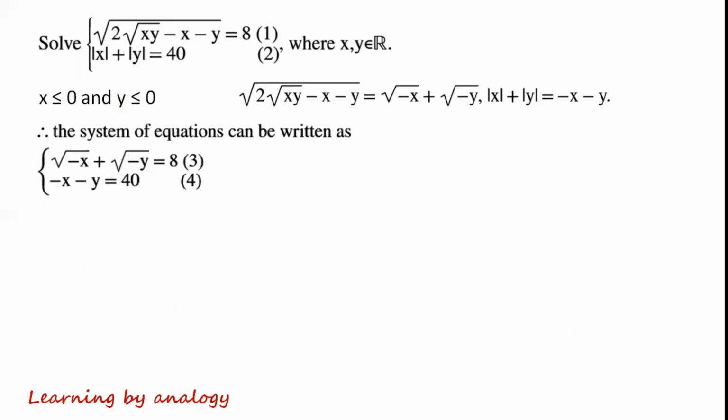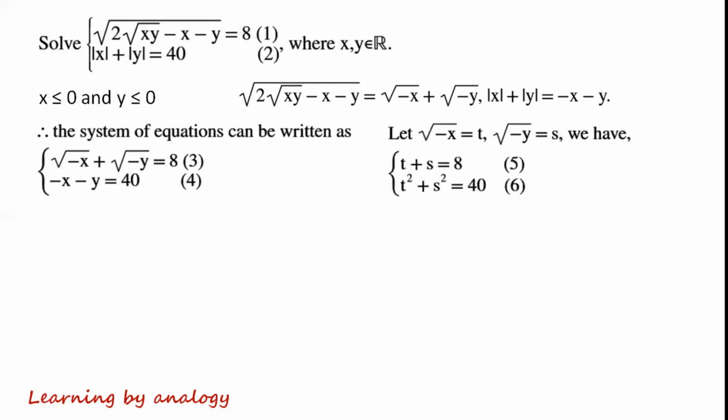So the system of equations can be written as root of minus x plus root of minus y equals 8, and minus x minus y equals 40. Let root of minus x equal t, root of minus y equal s.